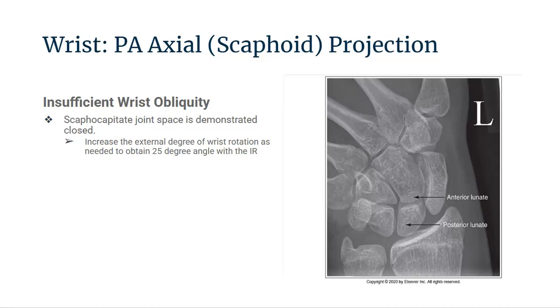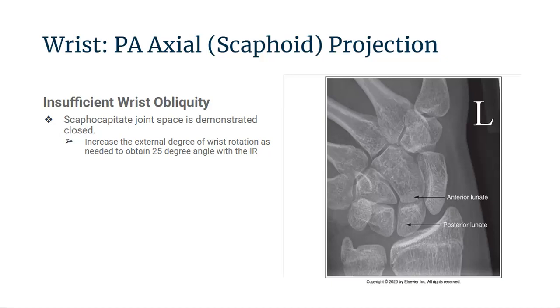But here's the thing, sometimes the wrist doesn't naturally rotate to that 25 degrees. So maybe the patient can't fully ulnar deviate, or the wrist just doesn't rotate enough. So when that happens, you'll need to step in and manually increase the medial wrist rotation to get to that 25 degrees to get those bones free of superimposition of the scaphoid. Now, what happens if the wrist obliquity is insufficient? You'll notice a few key things that will help you identify insufficient obliquity.